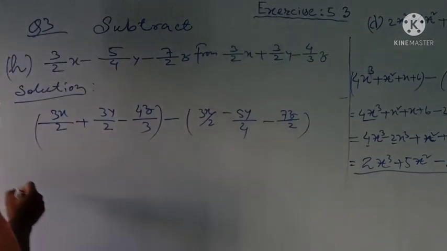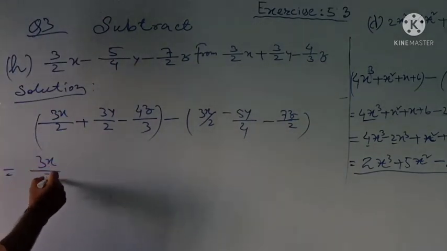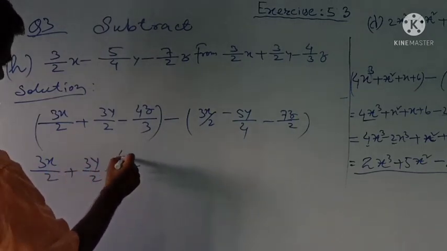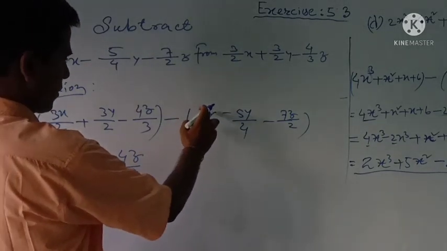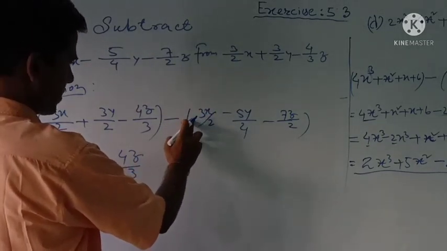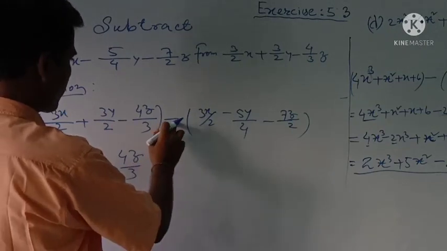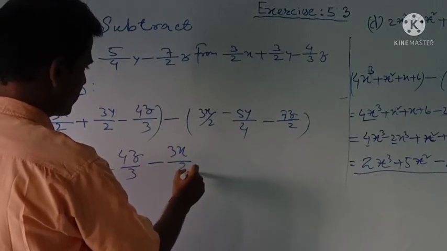Okay, now see, rest is very simple. Thrice x by 2 plus thrice y by 2 minus 4z by 3. So here see, before thrice x by 2 there is no sign, means plus, so outside minus, minus plus is minus, so minus thrice x by 2.